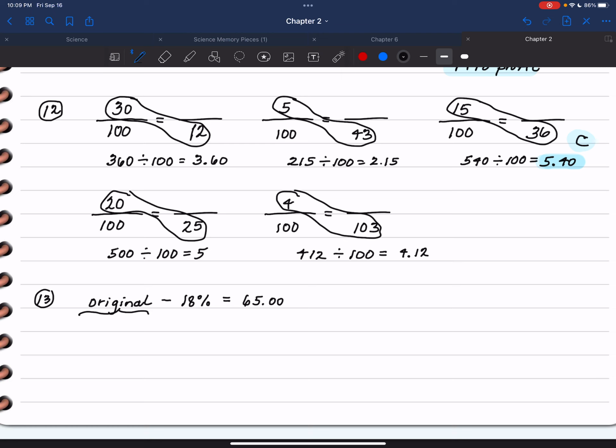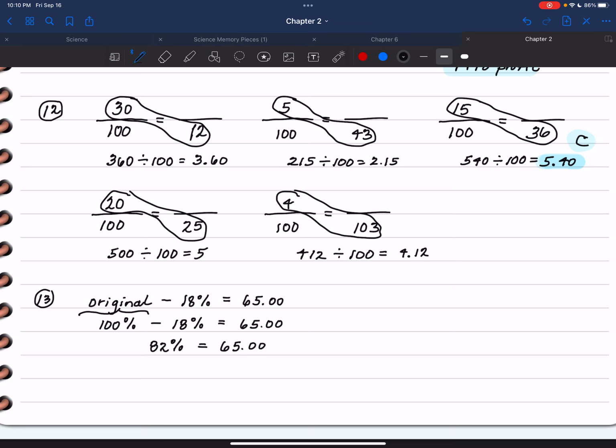The original amount would have been the 100%. And the discount was 18%. And that left us with $65. So 100 minus 18 is 82%. So the 82% is equivalent to $65.